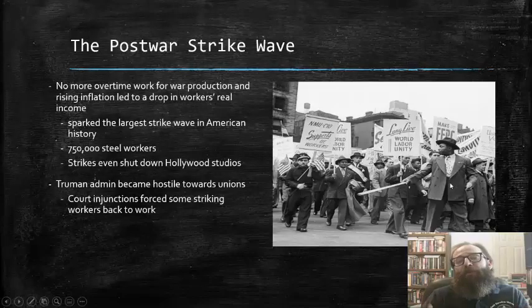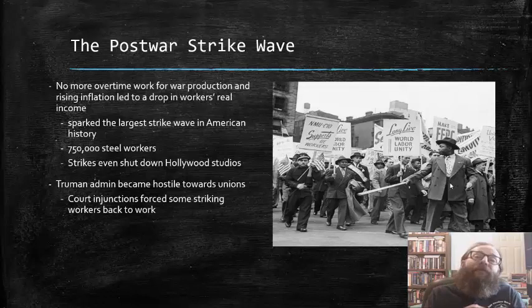The aftermath of World War II did see a brief spike in union activity around the country, and this was spurred by the fact that the situation for workers after the war had drastically changed. Many workers, in many ways, had it made during the war. They were working long hours, but they were making very good money.